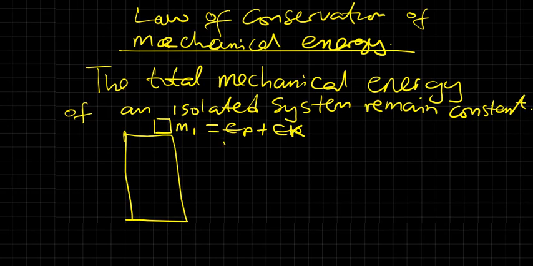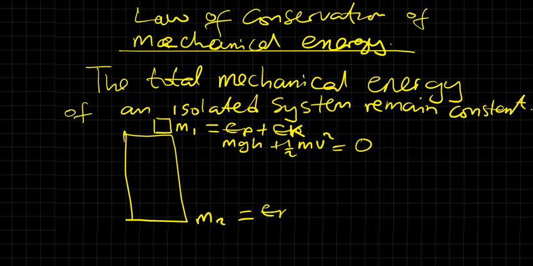So we can calculate the gravitational potential energy of the object, but its kinetic energy before it starts moving will be equal to 0. And when an object is on the ground, the mechanical energy of the object on the ground is EP plus EK.